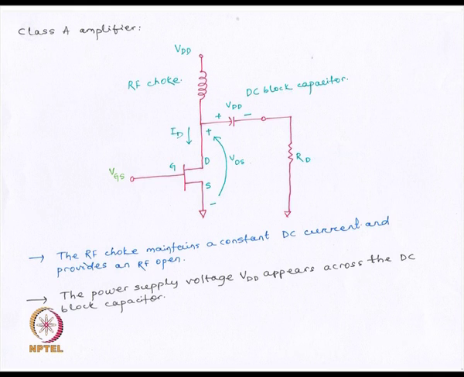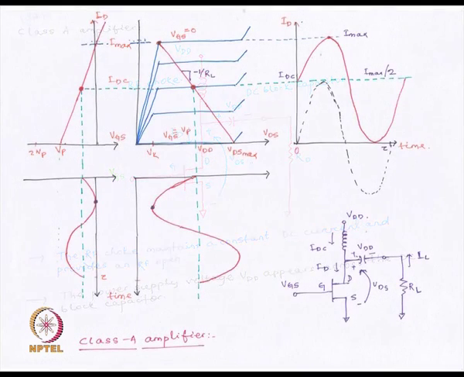Let us see how a simple class A amplifier can be built. This is our MOSFET with a load RD. The operation of this class A amplifier is like this.